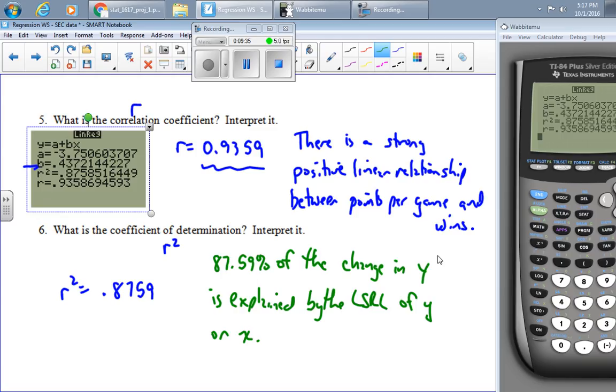You should memorize that sentence. And then what I do is I go back and I change my x and y to the context of the problem, because you always want to put these in context of the problem. So y was wins. y is wins. And x is points per game.